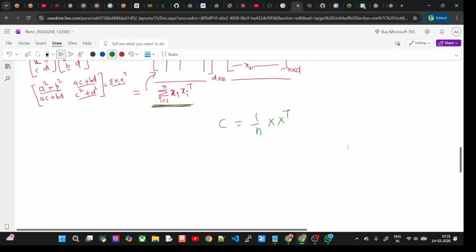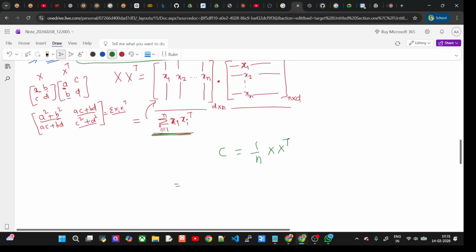If you do this calculation, x into x transpose, I mention a small example here, a b c d. Consider this is your capital X, and I'm just transposing it. So this is x1, which is a b, x2, whatever I have written, this is c d.